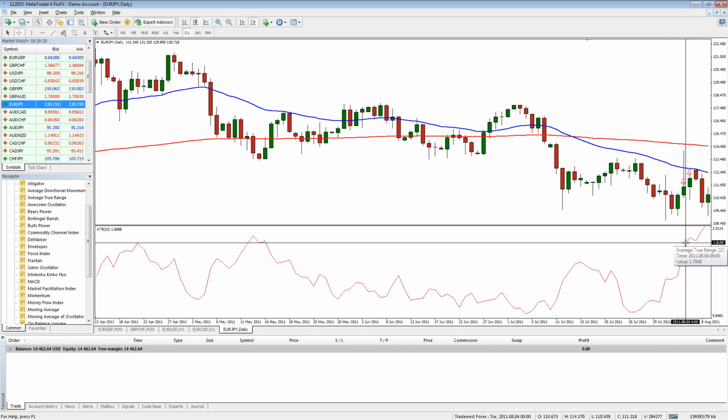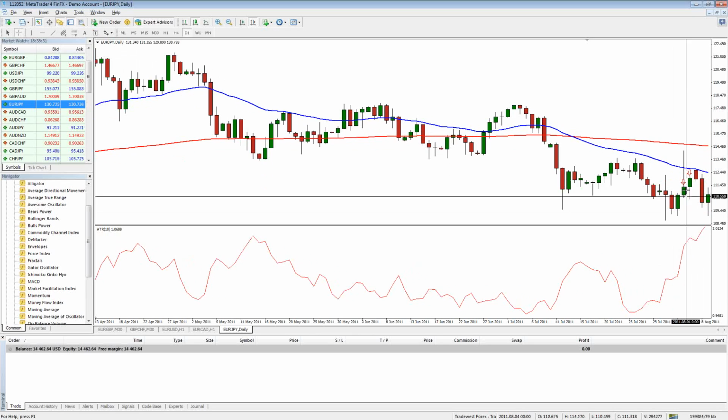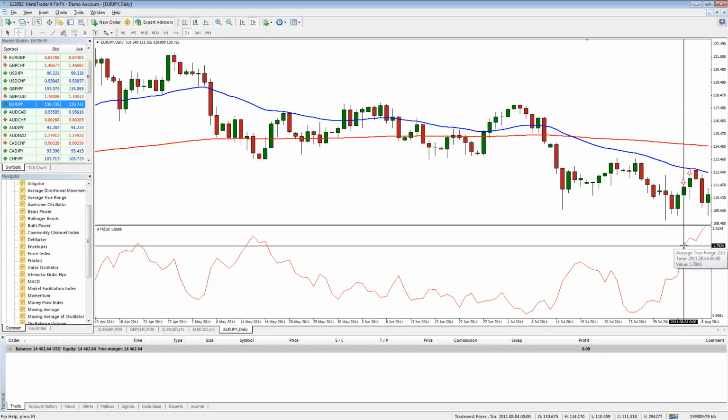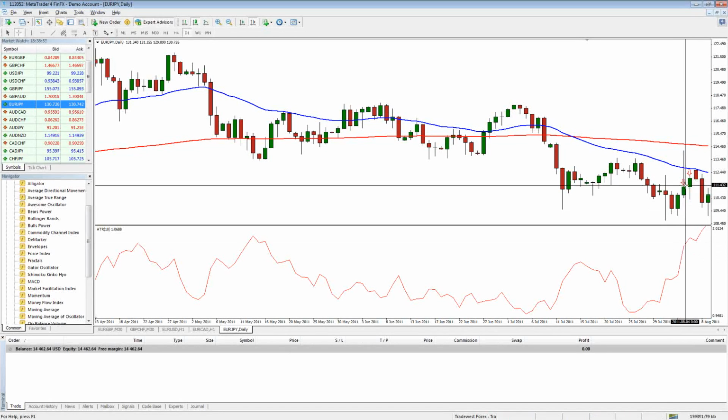If you're looking at the money management, just a basic money management system we've been teaching here is look at the ATR, say a 10 period, and multiply the value by 1.5 to 2. Here you've got it sitting at 178 pips. So maybe go about a 250 pip stop.